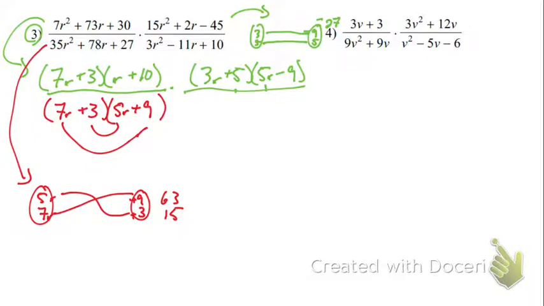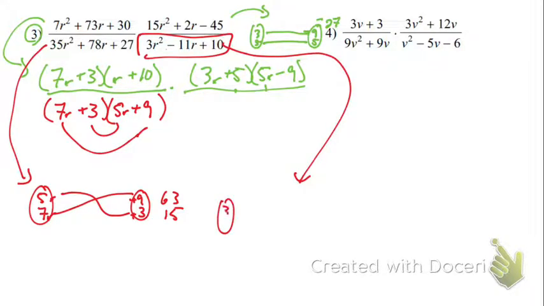And then over here, this one, I'm going to draw a little line. 2 numbers multiplied to 3 are 3 and 1. 2 numbers that multiply to 10 are 10 and 1, or 5 and 2. I'm assuming, since we're trying to get negative 11, yeah.